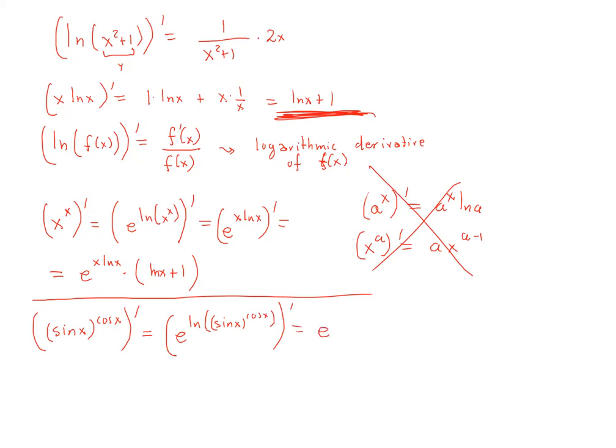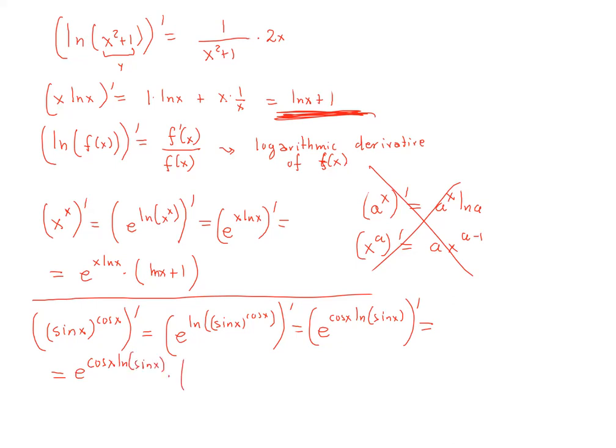And again, I can write this as e to the cosine x times ln of sine x. And now I can apply my usual rules.